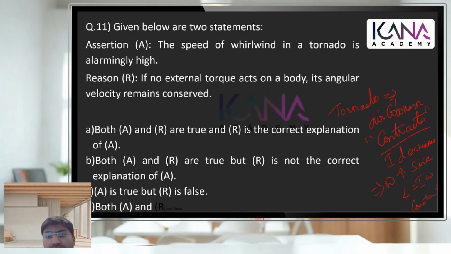So as this L is constant, if I is decreasing, omega has to increase so that L remains constant. But the reason says that the angular velocity remains conserved. So that is not the case. The assertion is right, but the reason explaining it is not right. So it will be option C.